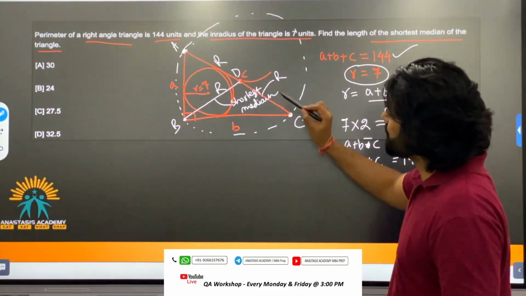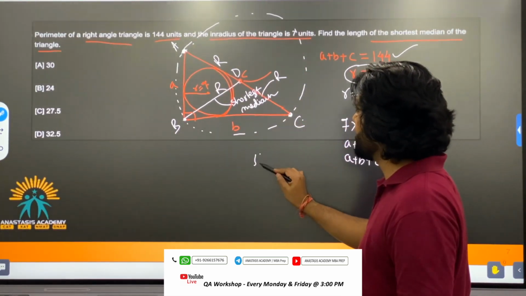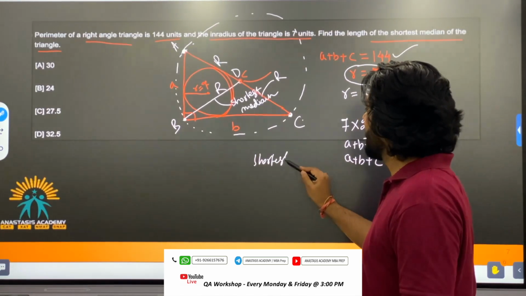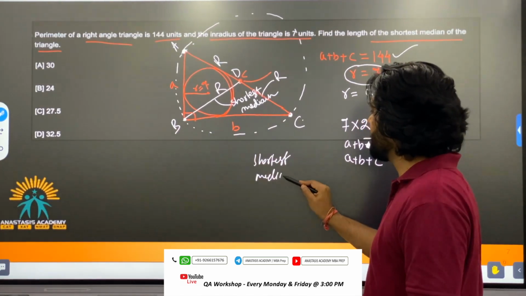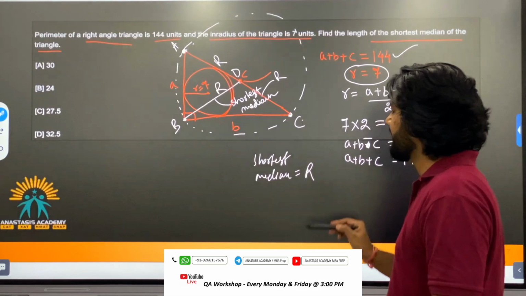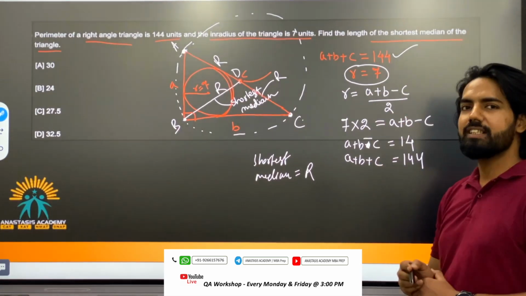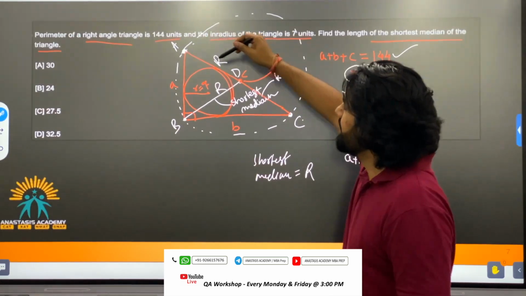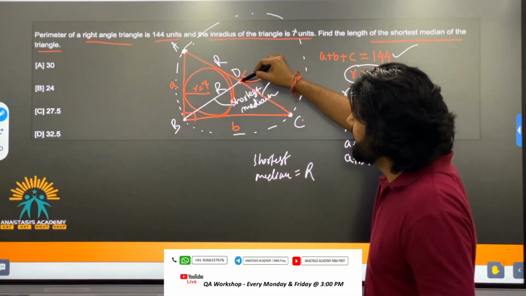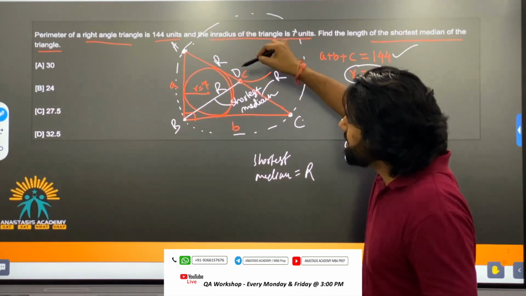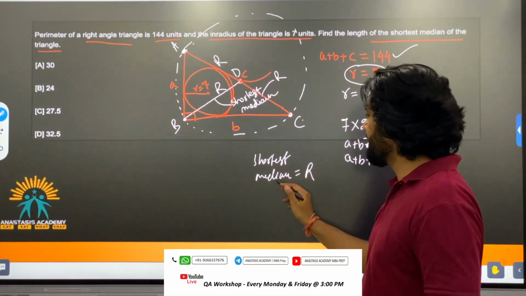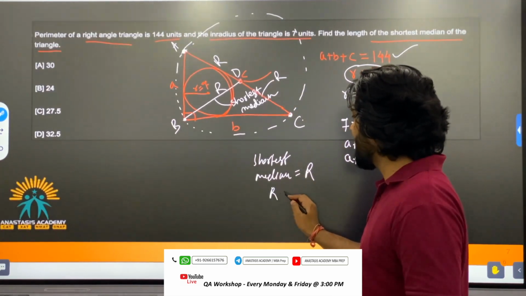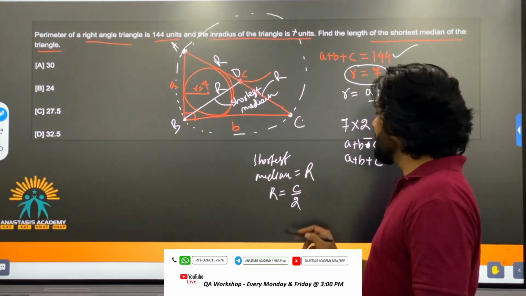So the length of the shortest median would be R. So I have to find the length of this R, and I know the circumcenter is the midpoint of the hypotenuse. This radius becomes C by 2.